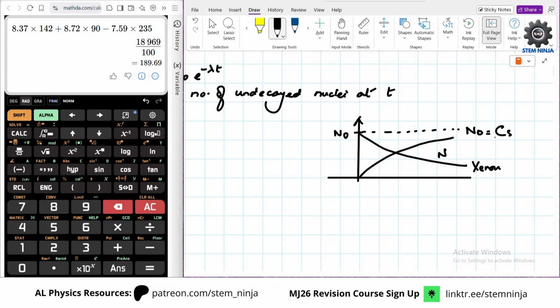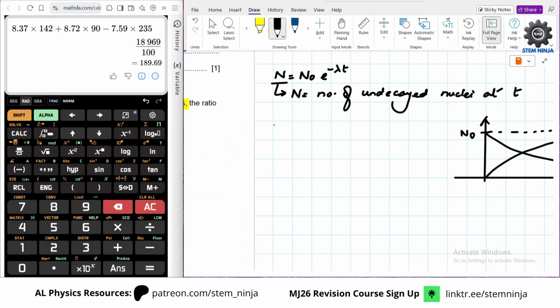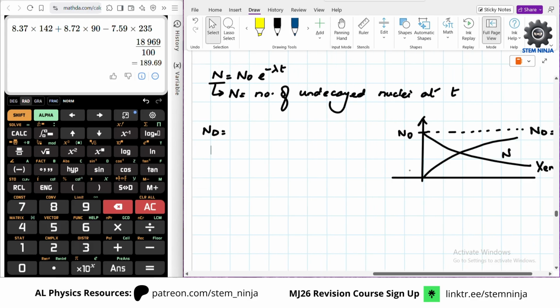Alright, so the number of decayed, as we can see, is the difference between the number of starting nuclei, N naught, minus N, the number of undecayed nuclei of xenon.